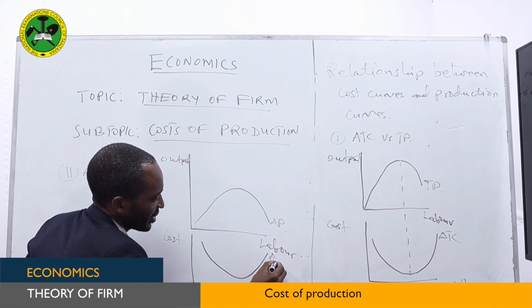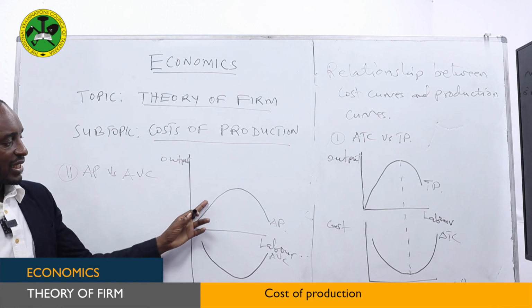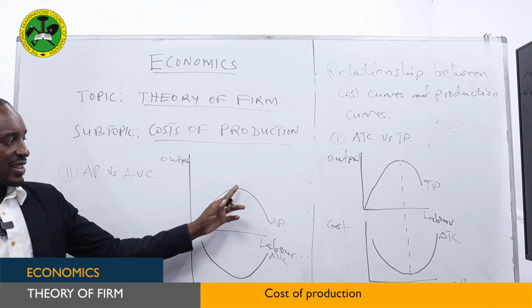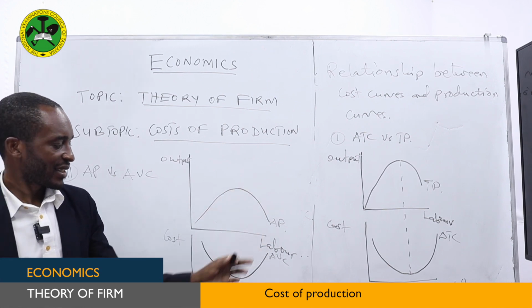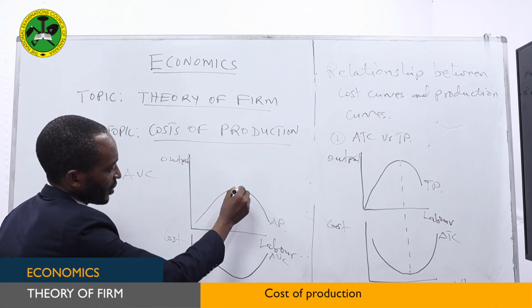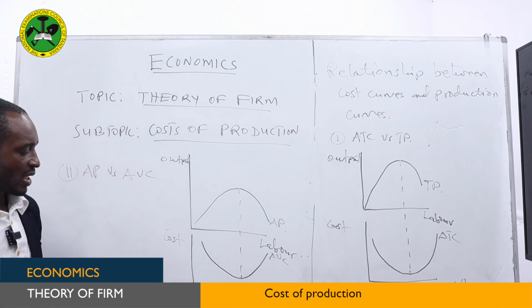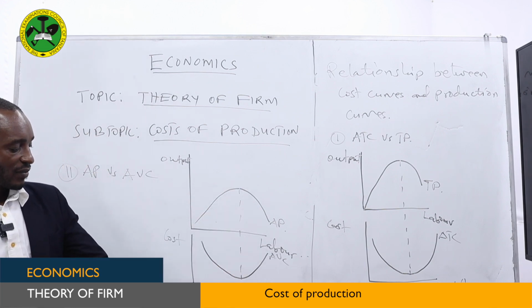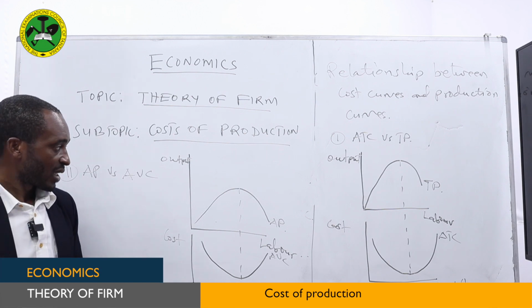So this is average variable cost. It means when average output increases, average variable cost declines. When this reaches a maximum, this reaches a minimum. When this declines, this increases. So the relation will be this way. When the average product is at a maximum, average cost will be at a minimum.